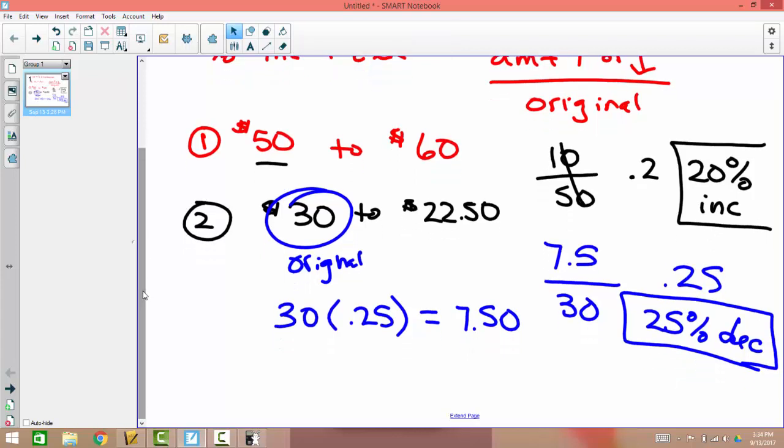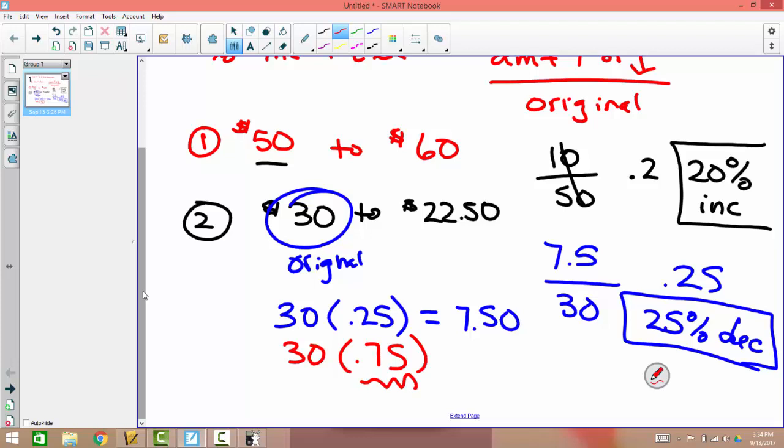Instead of multiplying by 0.25, you could actually multiply by 0.75. That means that you're keeping 75% and you're losing 25%. And if you did that in the calculator, you would actually get 22.5.